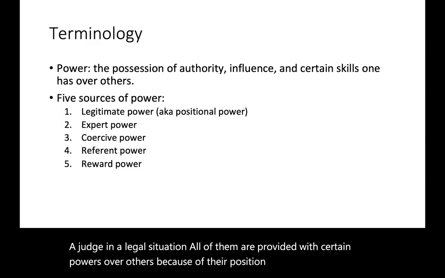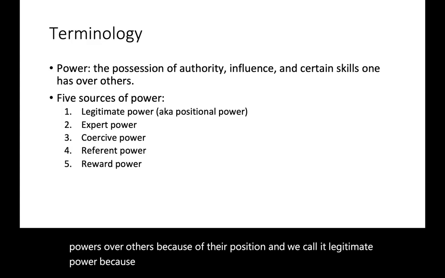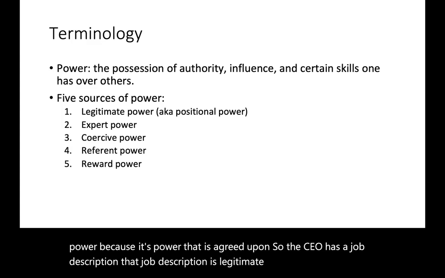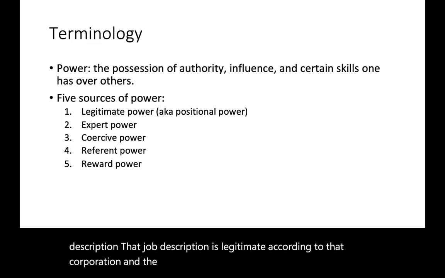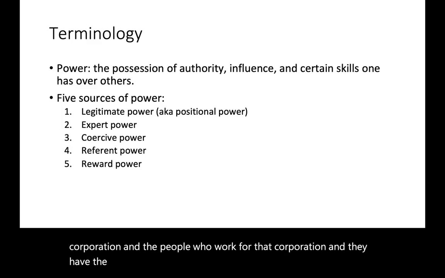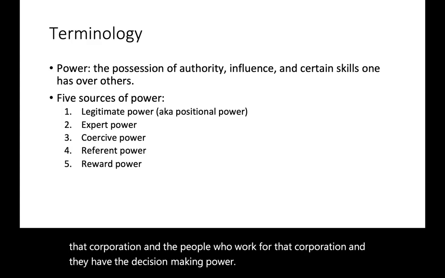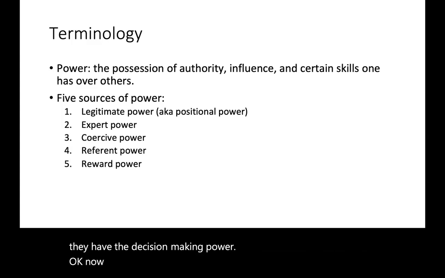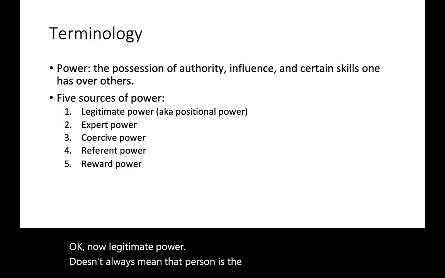And we call it legitimate power because it's power that is agreed upon. So the CEO has a job description. That job description is legitimate according to that corporation and the people who work for that corporation, and they have the decision-making power. Okay. Now, legitimate power doesn't always mean that that person is the brightest, smartest in the room.